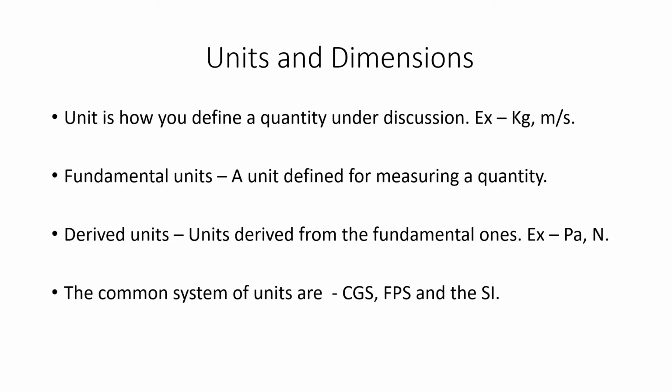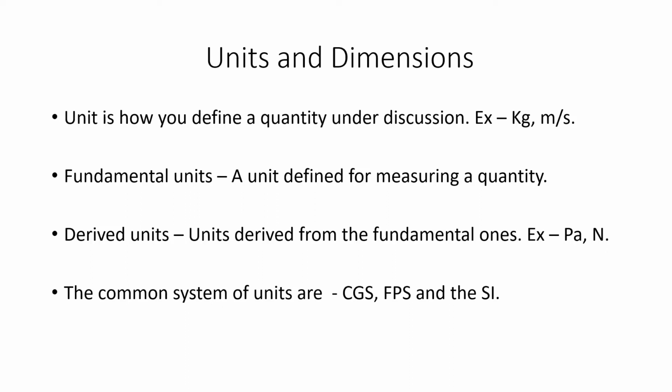So units are divided into two: the fundamental units and the derived units. Fundamental units, as we know, are seven in number. We have length, temperature, amount of time, etc.